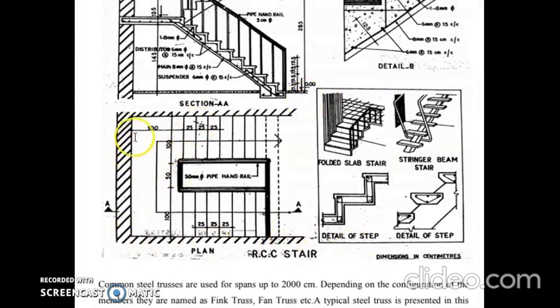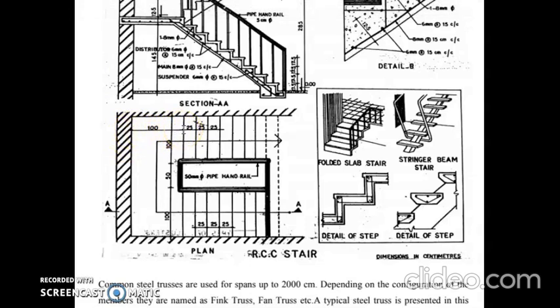Then take 100 centimeter from this point to this point. This 100 centimeter marking is given for the width of landing. The landing extends from this point to the first step.